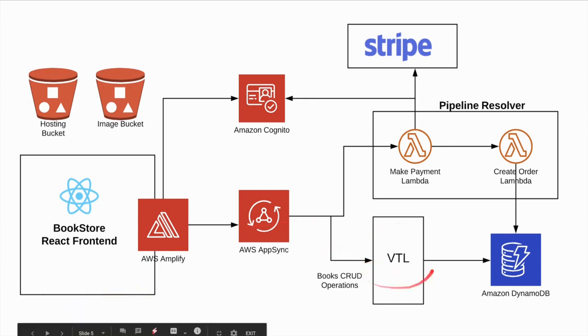And not only the VTL templates, it will also provide all the queries, mutations, and all these front-end resources to connect with our backend without us having to write any of that code.